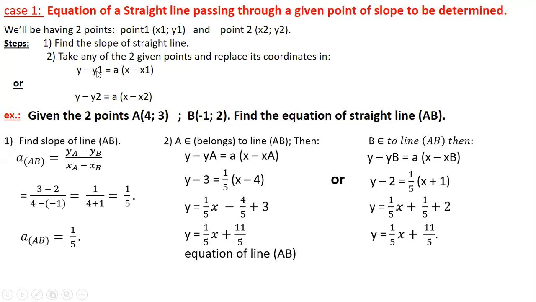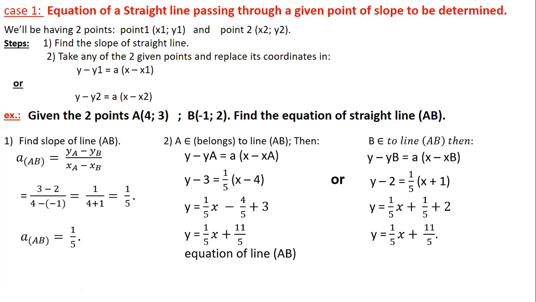Y minus y1 equals slope into x minus x1, because we will always use this equation. Y minus y1 equals slope into x minus x1. And we get the equation of the line that we want. This is the first case, how we write the equation of a straight line passing through a given point and of a slope to be determined.